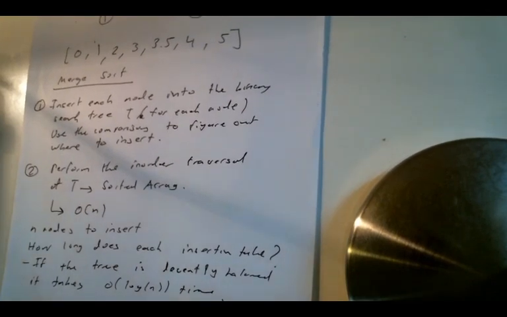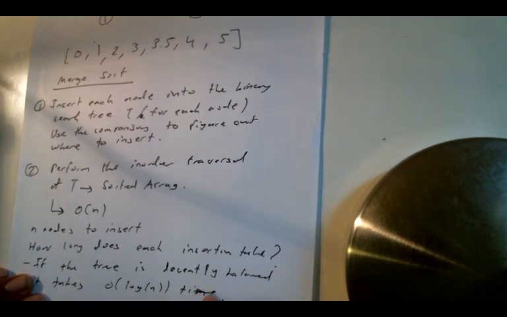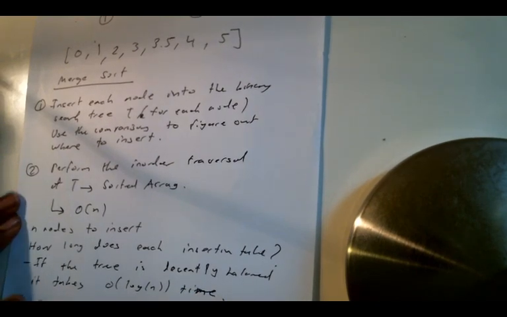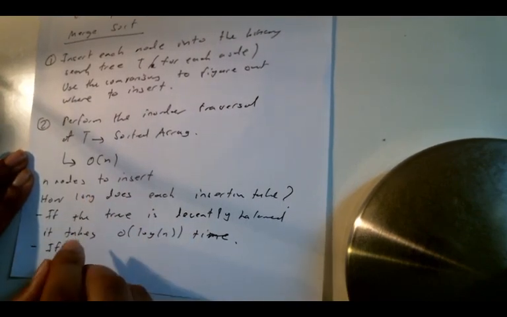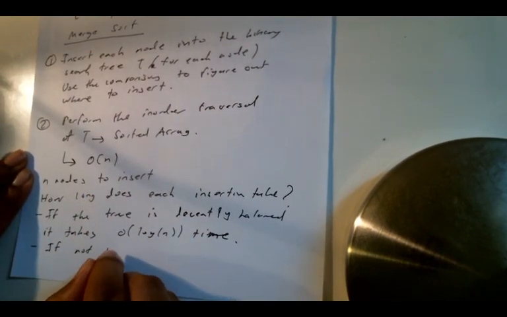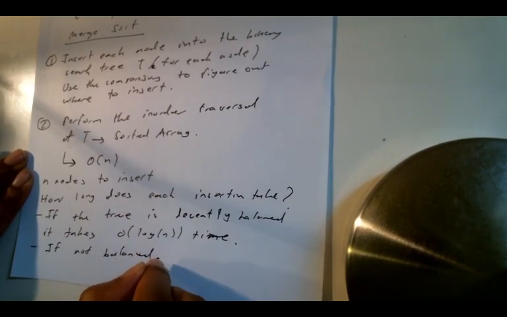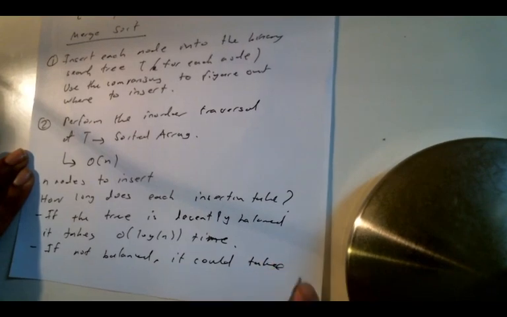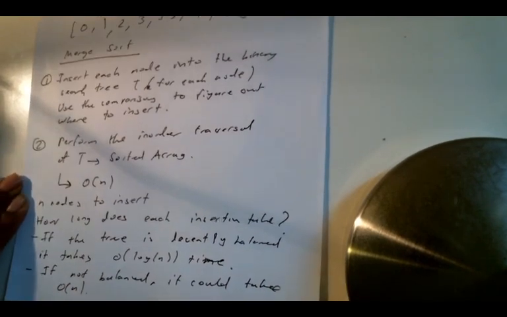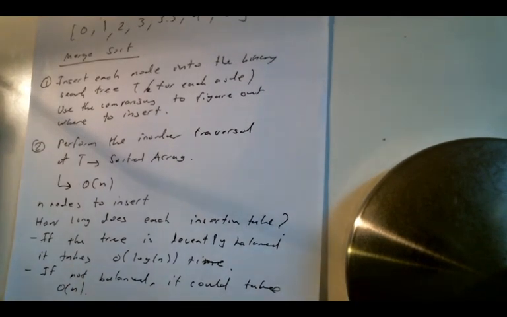Okay? But if it is not balanced, it could take O of n. All right, so let me explain what being balanced and not balanced means.